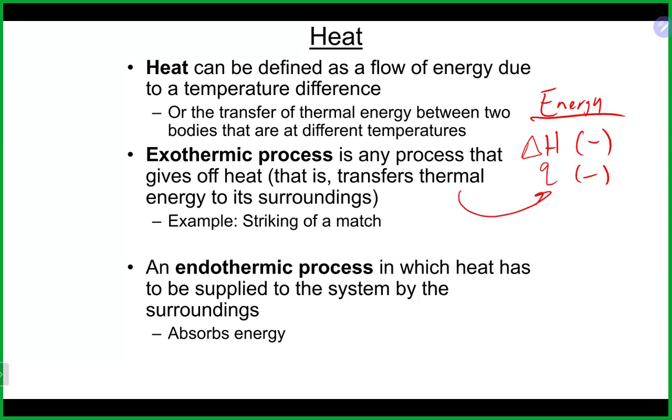So if you calculate an energy and end up with a negative value, it is an exothermic process. Or somebody just tells you, hey, the reaction has a delta H of negative 400. As soon as you see that negative, you know it's an exothermic reaction. Now, for endothermic processes, these two common energy values are positive. We're going to talk about why that is in a second, but they will end up being positive values.